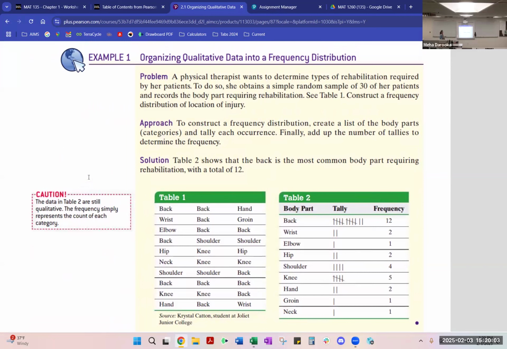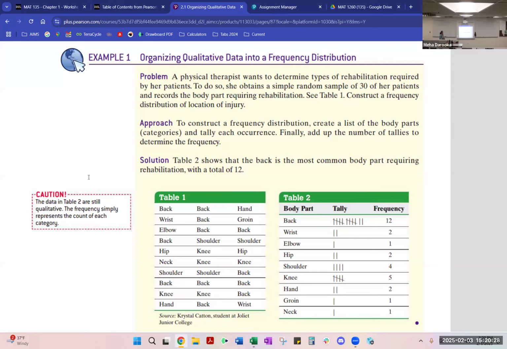Typing down. Okay. So look at the type of data we're talking about here, guys. In this example, there's a physical therapist who wants to determine the types of rehabilitation required by her patients. So there's a random sample of 30 of her patients, and she records the body part that requires rehabilitation, because again, we're talking about physical therapy here.